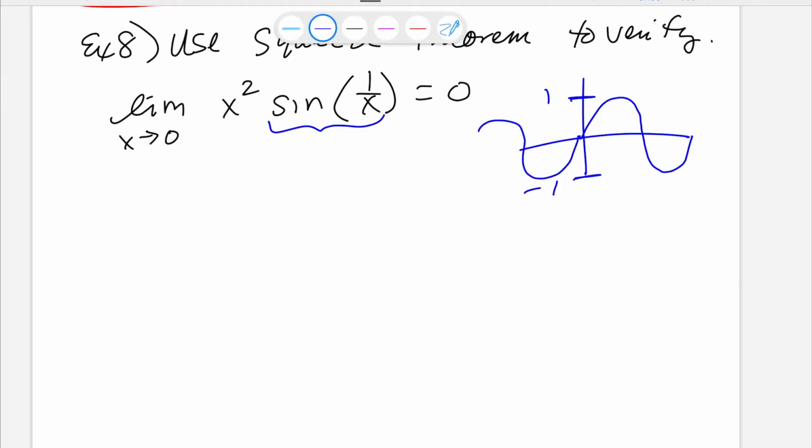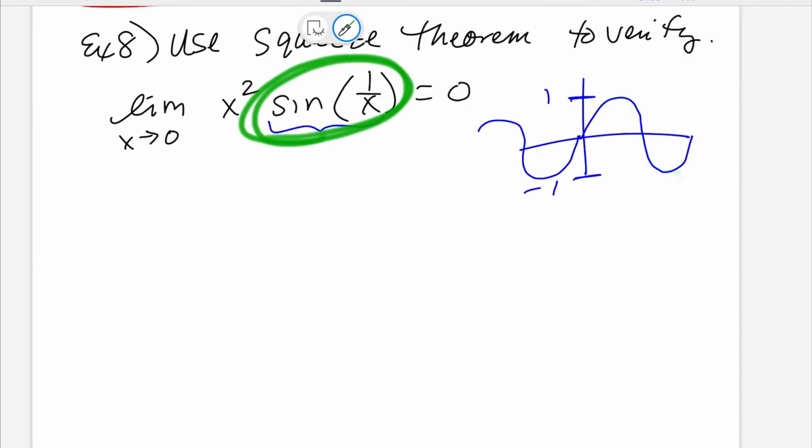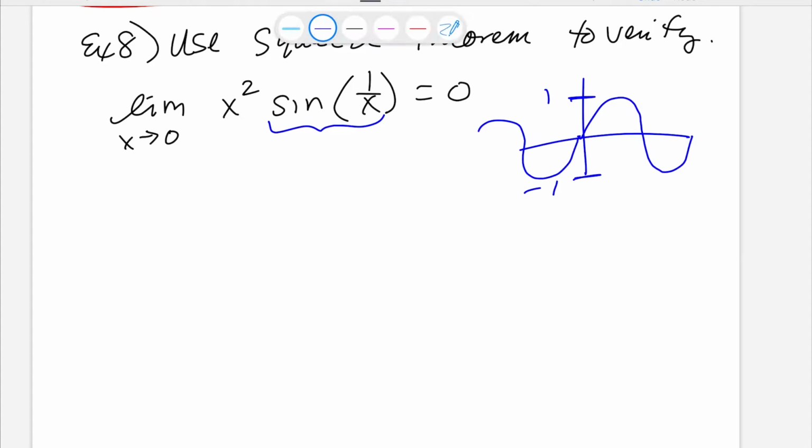If I'm looking at sine in general, I'm bouncing back and forth between +1 and -1. So a sine function, as I'm approaching on and on here, is going to go between positive and -1.